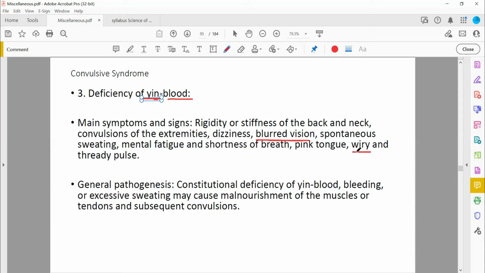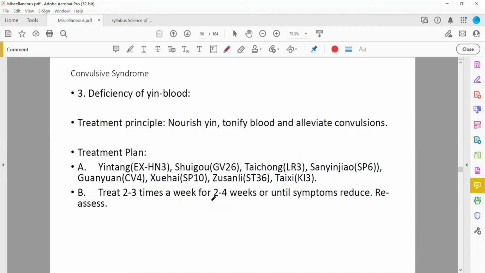So here, very past. GV26 or R3, that's P6, CV4, SP10, ST36, KI3. Those ones tonify the qi. Right. This one uses this one to Xuehai. Yeah, this one usually will be used for excessive syndrome.